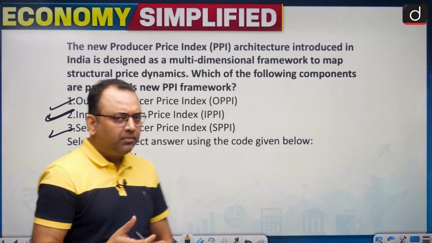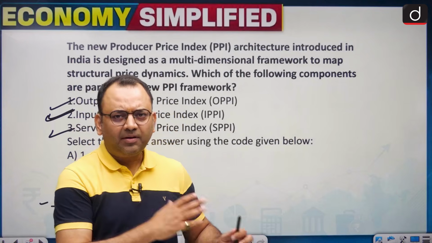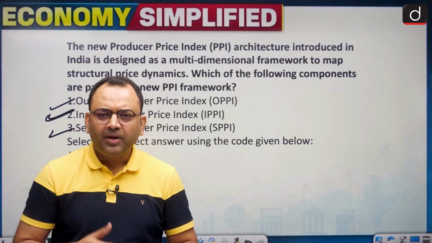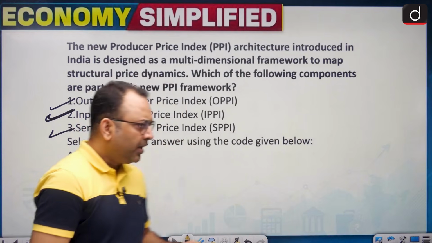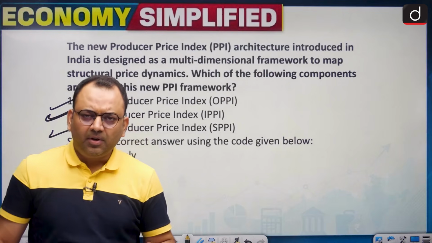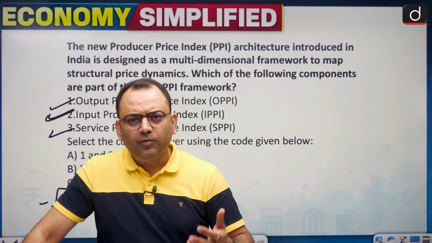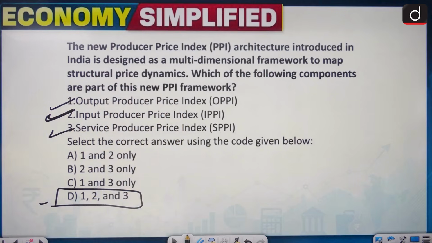The more clarity will come eventually when the government releases exact PPI, but this is an expected question that when the PPI is introduced, this will include the output PPI, the input PPI, as well as the service PPI, because they will likely include the services as well. That's why in this case the answer is 1, 2, and 3.